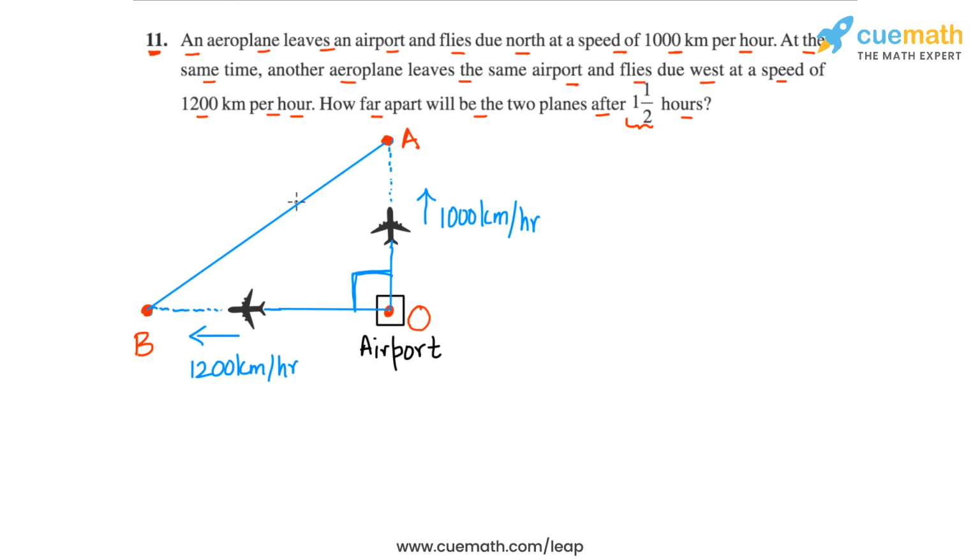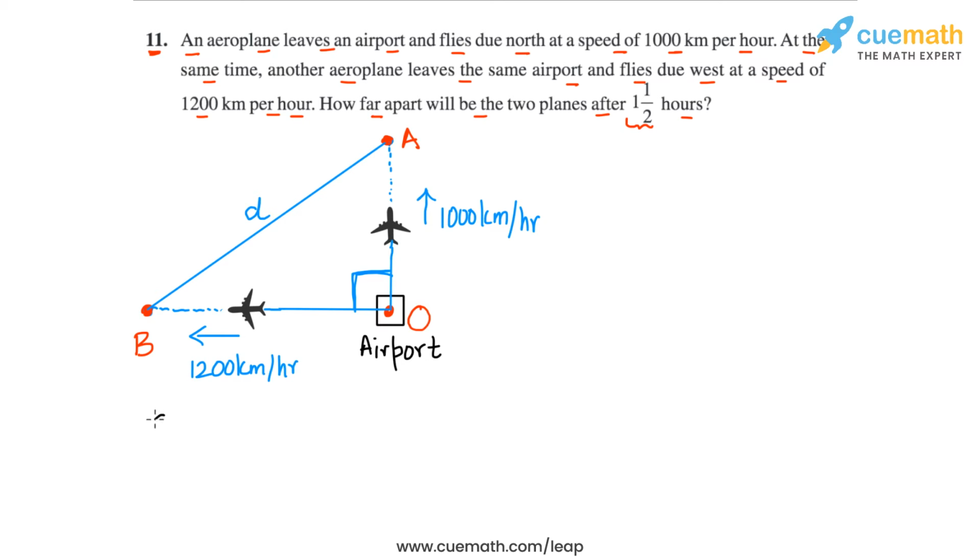What we basically have to find is the length of AB, because we have to find the distance between the two planes after 1.5 hours. So the distance is simply the length of AB. Let's represent the distance by D. D is what we have to find. This is a fairly easy problem. We just find OA and OB and then apply the Pythagoras theorem to find the distance D.